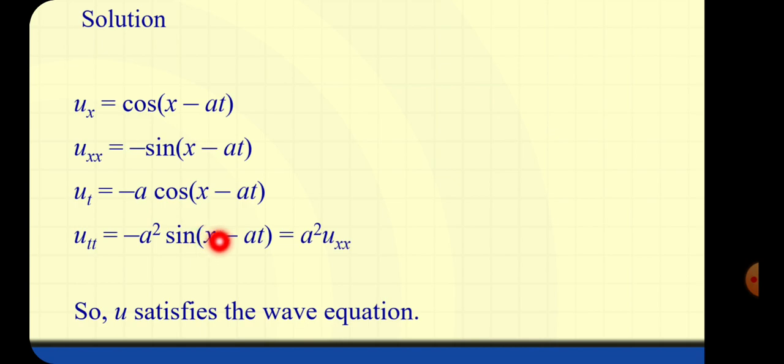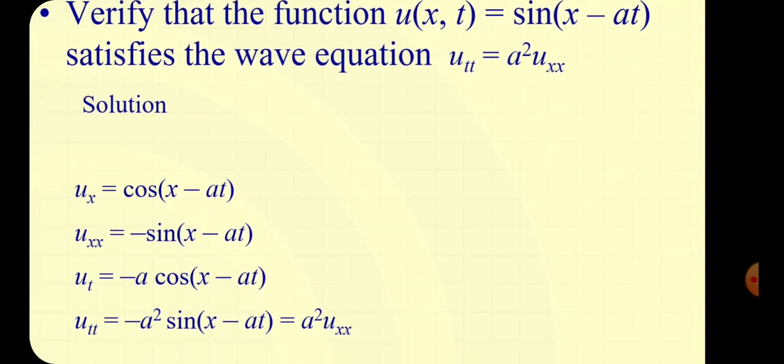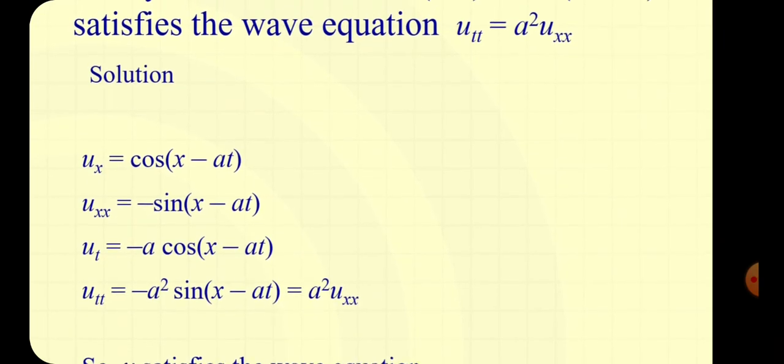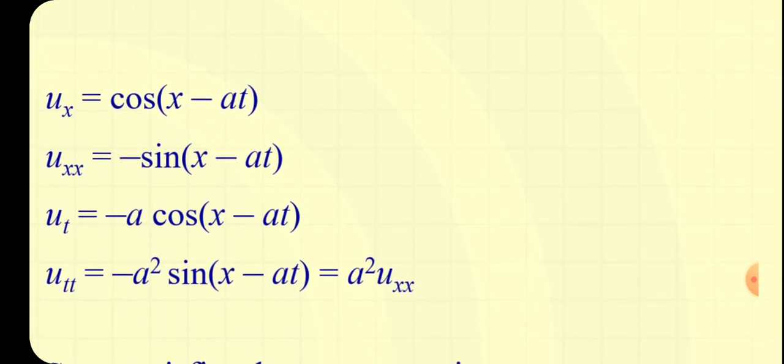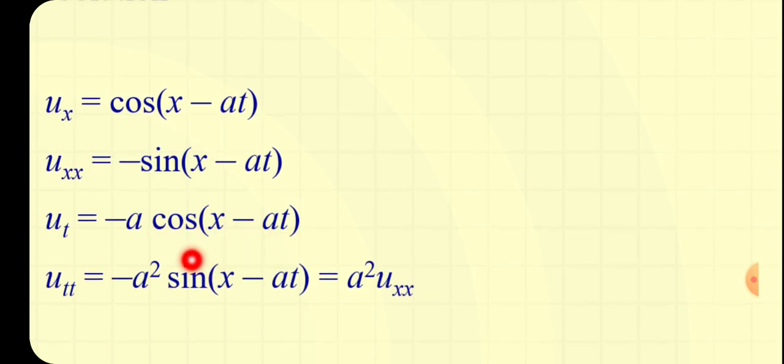U double t, you have to work on ut here. Derivative of cosine is negative sine. Derivative of cosine of x minus at is negative sine of x minus at times the derivative of what is inside with respect to t, which is negative a.